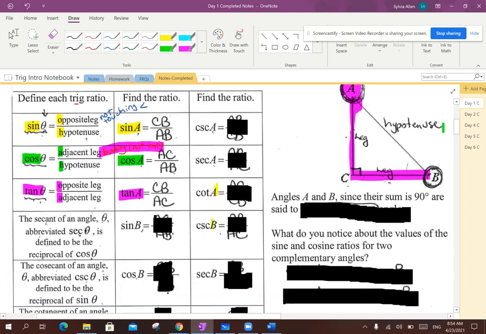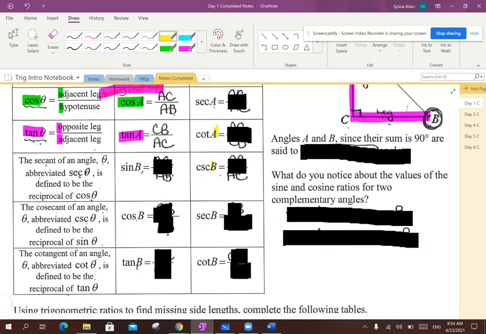So what's new now for you guys is going to be the reciprocal of each of those trig functions. The reciprocal of cosine is secant, and we have the abbreviation sec theta, and all it is is the reciprocal.